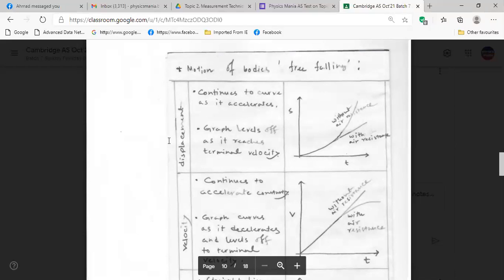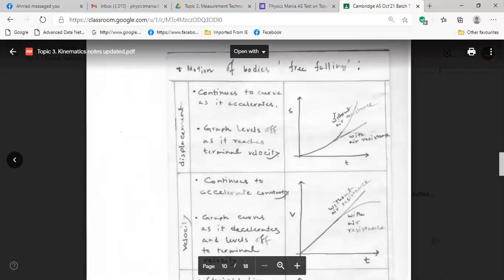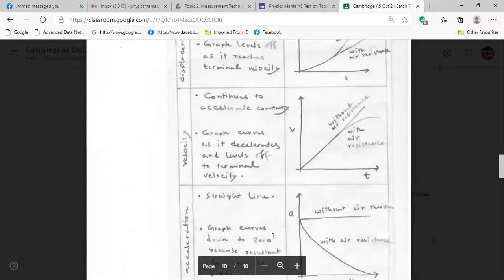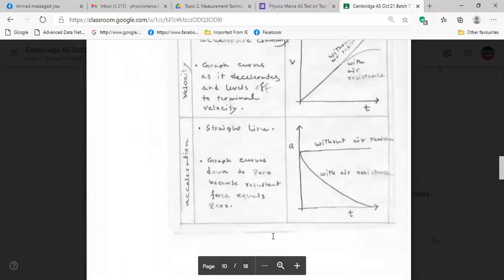So now you will understand some comparison, how nicely a single thing is represented by different graphs. Now we are going to understand how the object is falling with air resistance and without air resistance, and for that too we will have the shape of the graphs for displacement time graph, velocity time graph, and also acceleration time graph.